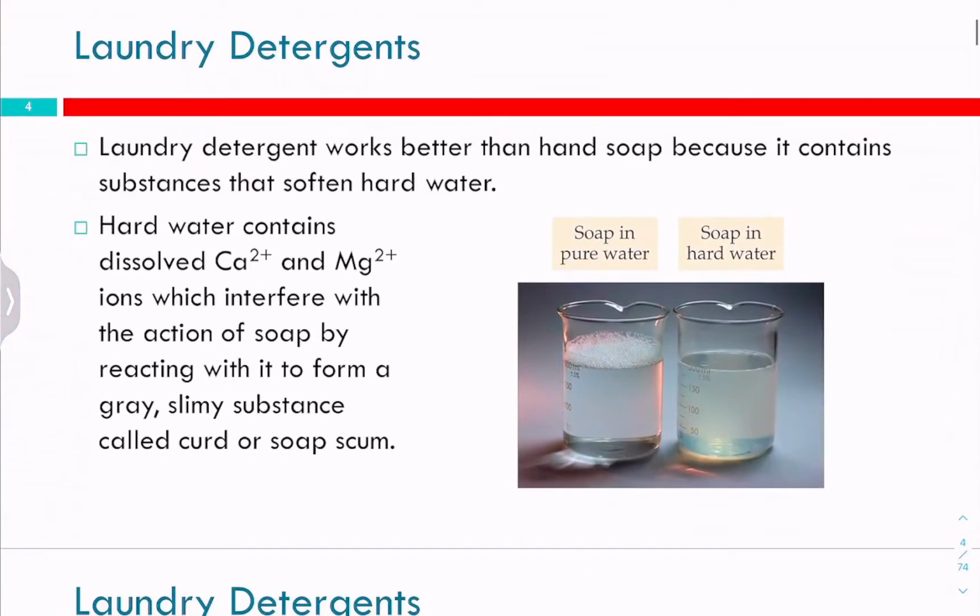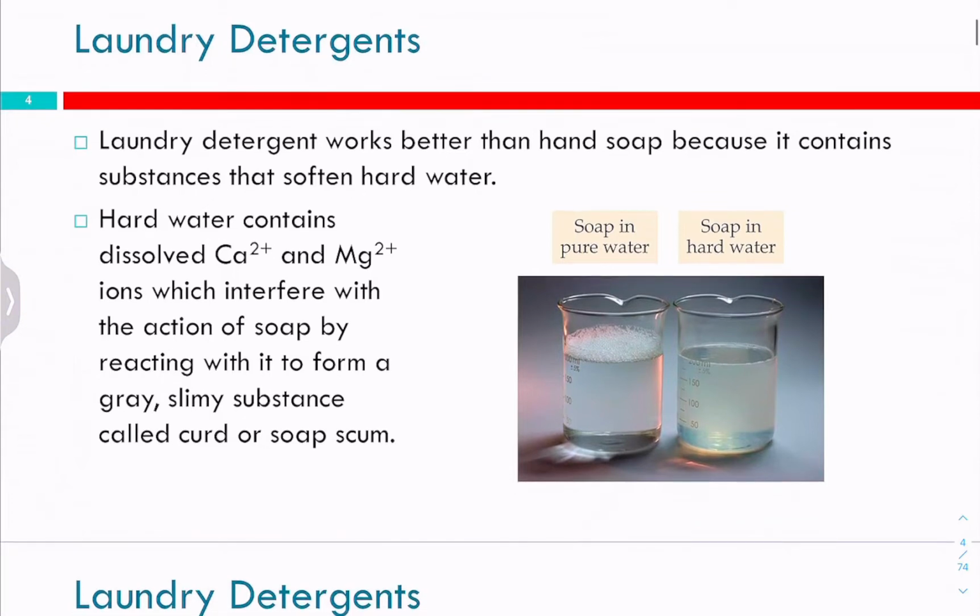One that you might not have known was at work in your everyday life is laundry detergent. Laundry detergent actually has carbonate in it, because, especially around here, we have very hard water, unless you're fancy enough to have reverse osmosis. You're probably not using that to wash your clothes, though. Those calcium and magnesium ions interfere with the action of soap.